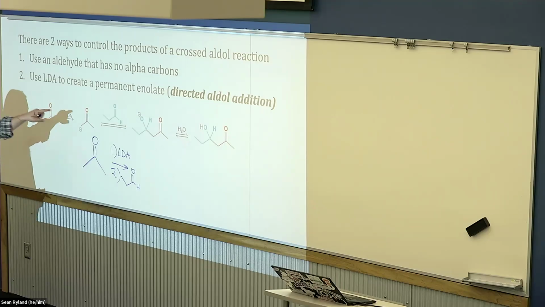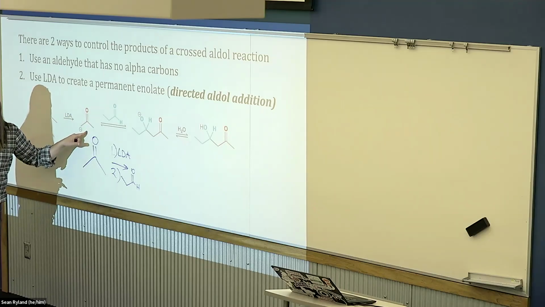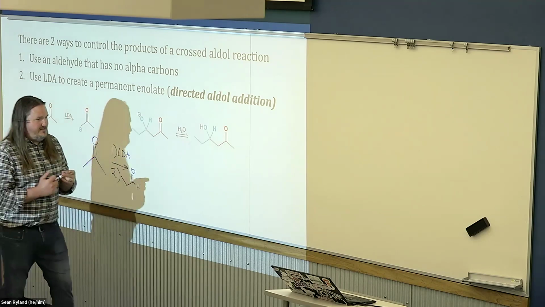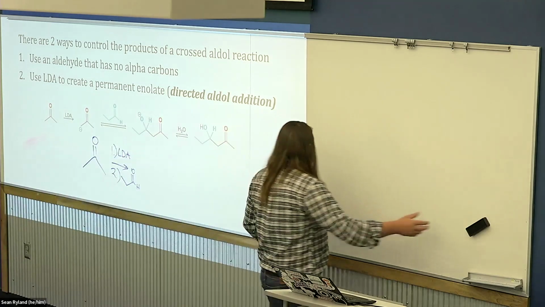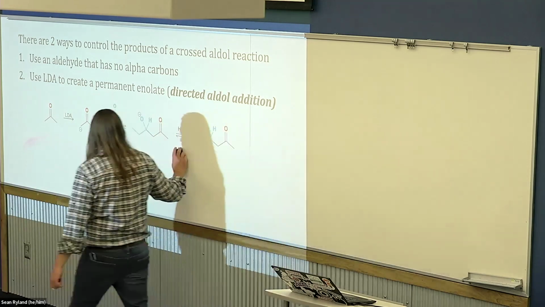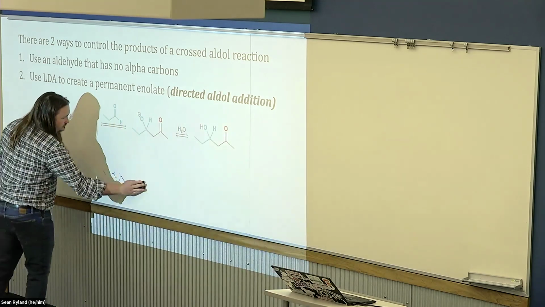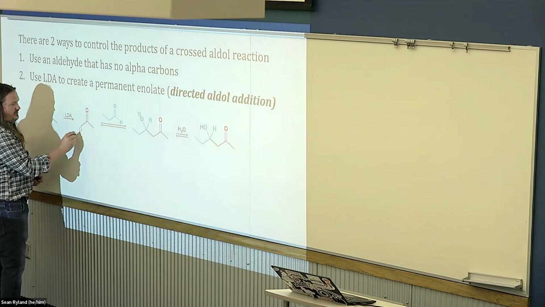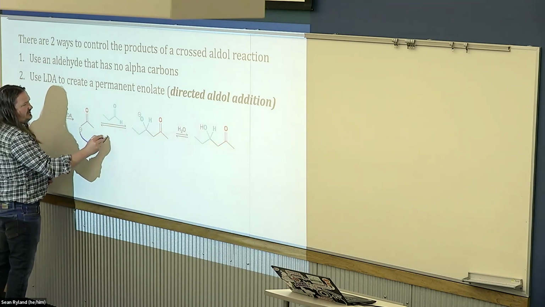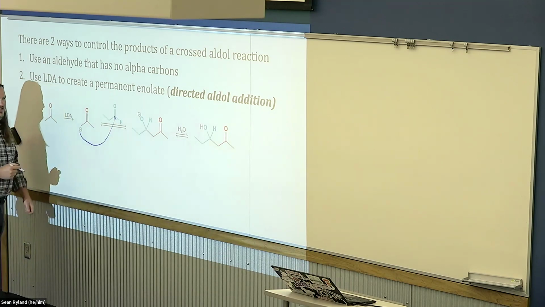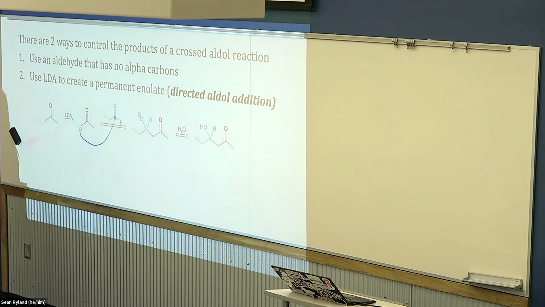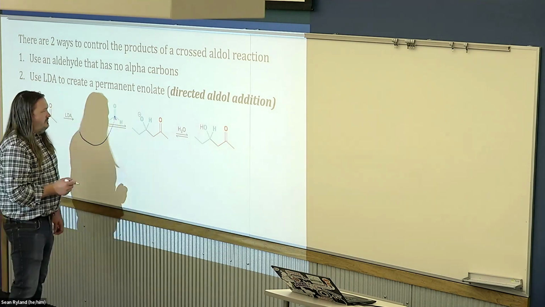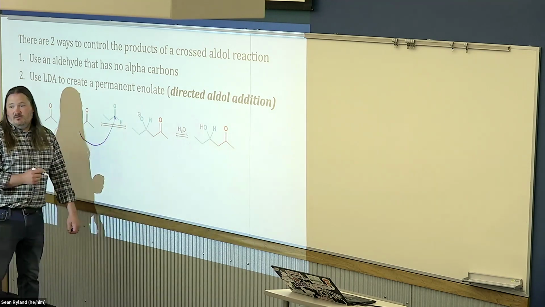But as soon as you draw these, it makes it a lot easier to show what your next step is going to be. Right, because then we have our enolate acting as the nucleophile, which is going to attach to the carbonyl carbon. And the color coding really does help with these too.